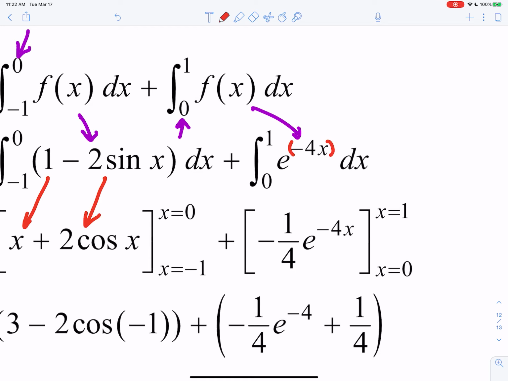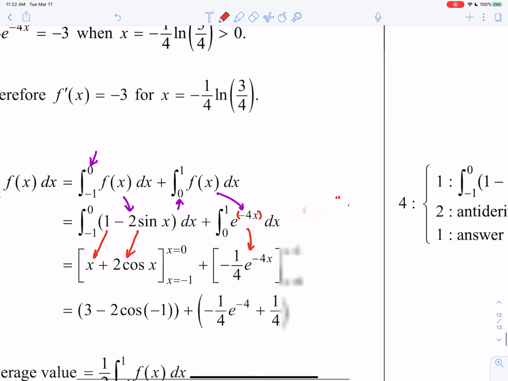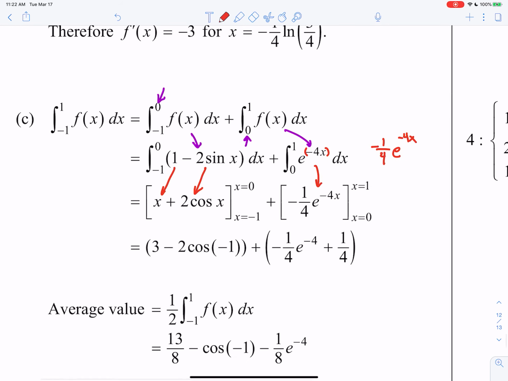So mental u-substitution. I'll do this on the side here. The derivative of everything in red will be negative 4. The reciprocal would be negative 1 over 4. And then you just integrate. Integrating e is just itself, which is what we have right here. And here we integrate from 0 to 1. So they simplified it.